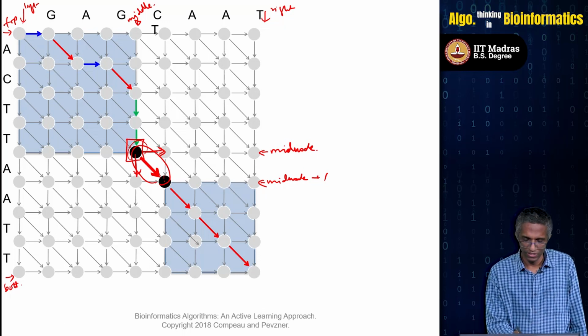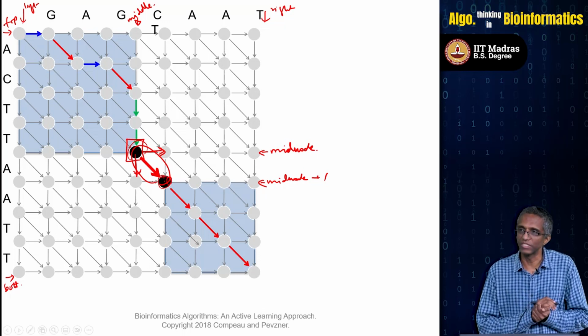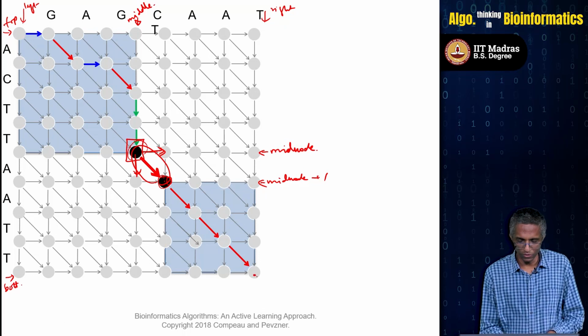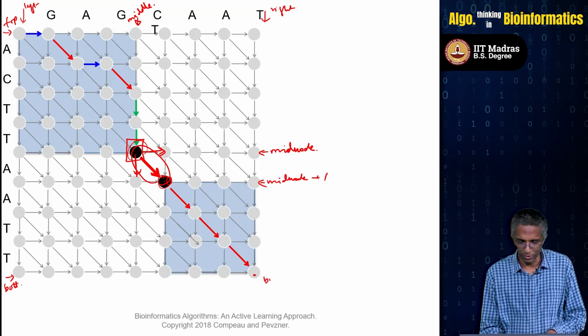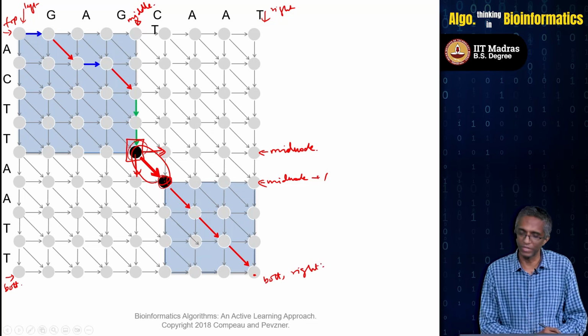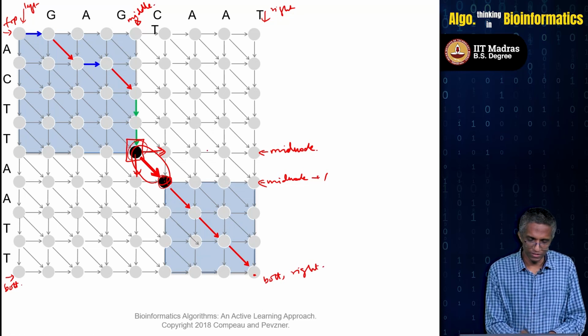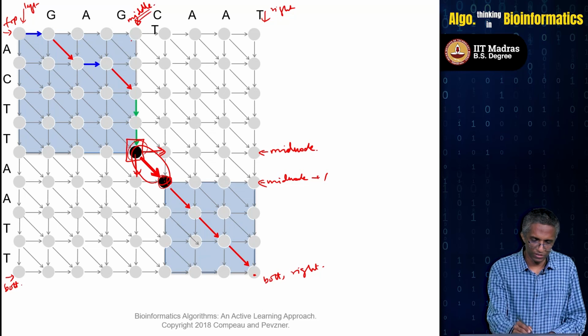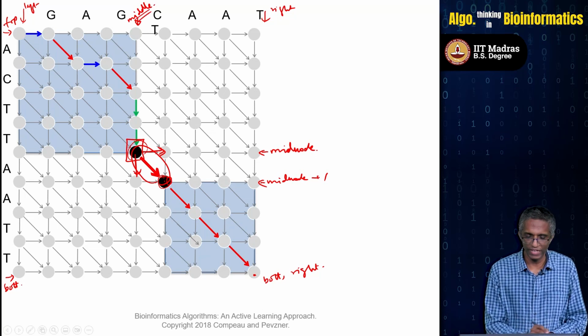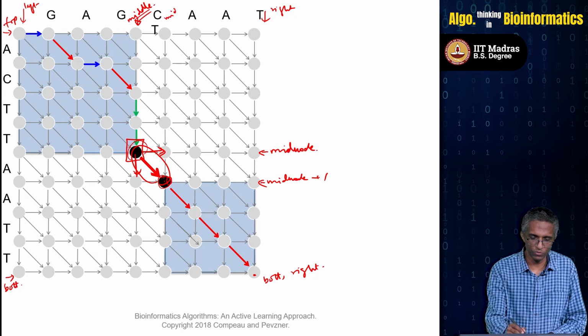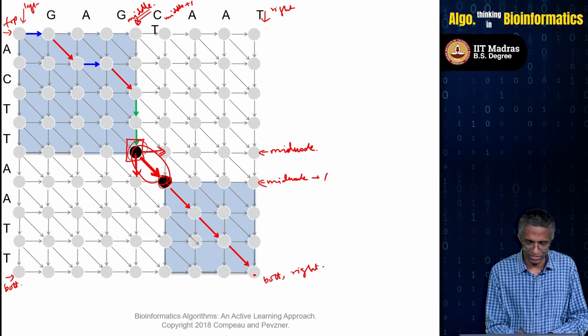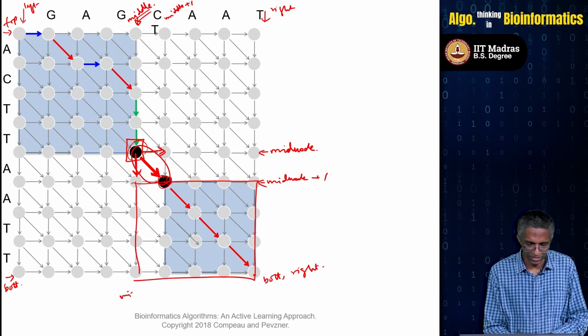Based on that, this starting row will change. The ending row and the ending column are always going to be bottom comma right; that will remain the same. And the column will depend on whether it is the right edge or the diagonal edge. It is going to be either middle plus 1, or if you take this edge, this is going to be the full blue subproblem and it is going to stay at middle.